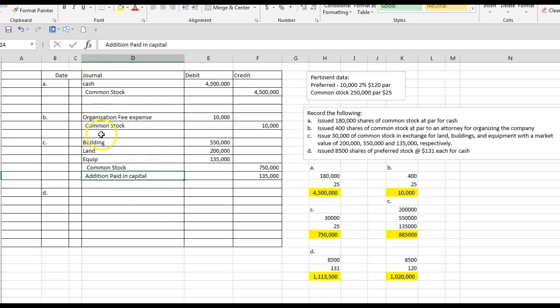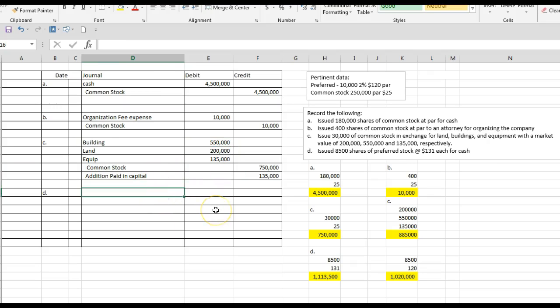Now, it's no different from these up here, except these were at par, and this one is above par. They sold for above par, and that's because of the value of the land and the assets they acquired.